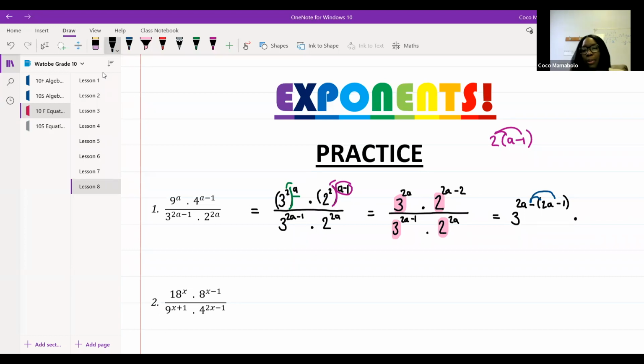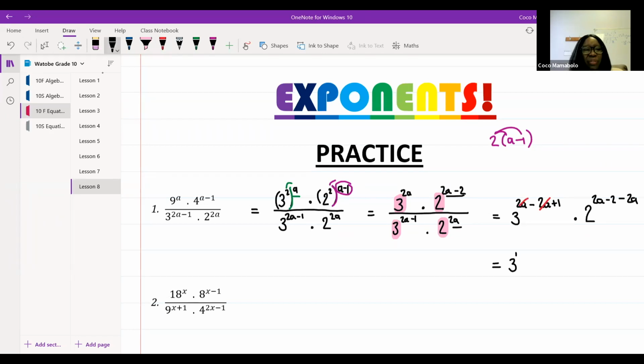And then I'm going to multiply this by 2 to the power of 2a minus 2a, because I'm taking the top minus the bottom, right? So this is going to give me 3 to the power of, if I just quickly rearrange this, I know that that negative is going to turn to a positive, so I'm going to have 2a plus 1, negative a, and 2a minus 2a will give me 0, so I'll end up with 3 to the power of 1.